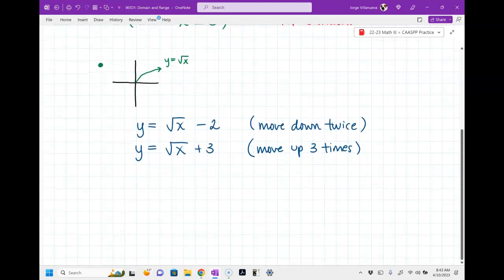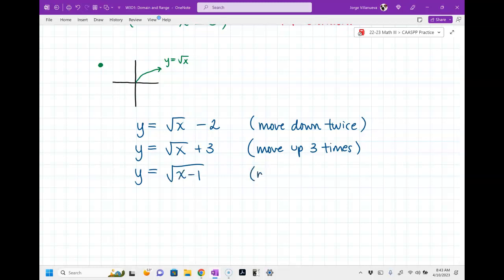Okay, here's a tricky one. What if I do that? One to the left, it's actually one to the right. Remember how inside of the functions it always does the opposite? On the outside it does exactly what it's supposed to do, but on the inside it does the opposite.